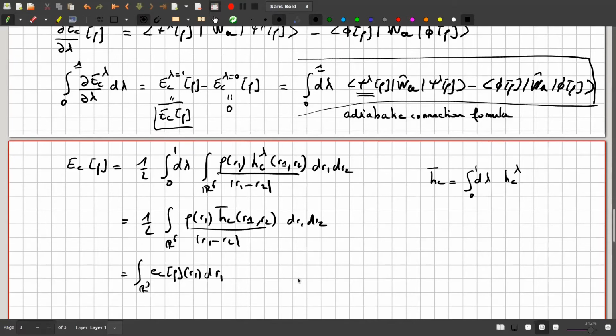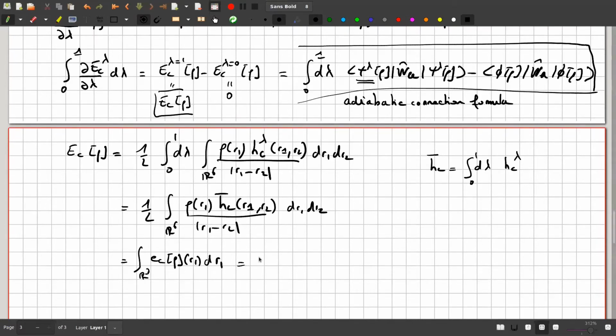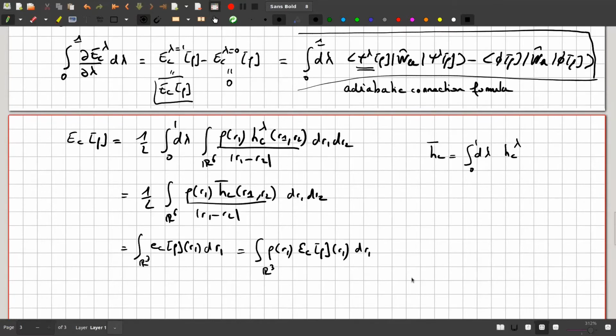Okay. Or again, you can also write this if you prefer as energy per particle. So that will be rho R1 epsilon_c, which is a functional of rho and a function of R1. Okay, and these quantities, either small e_c or epsilon_c, are approximated in practice.